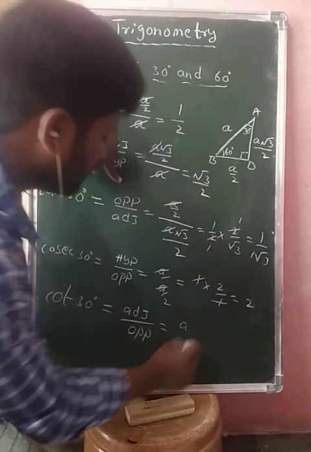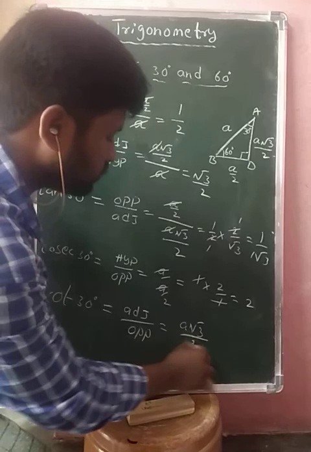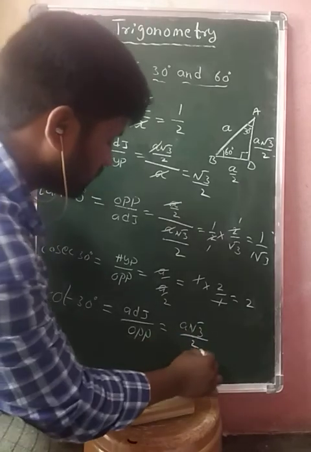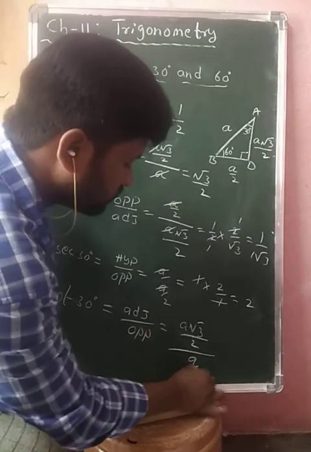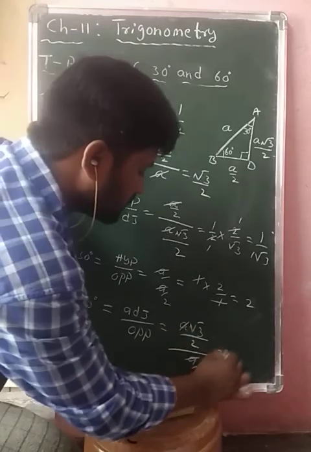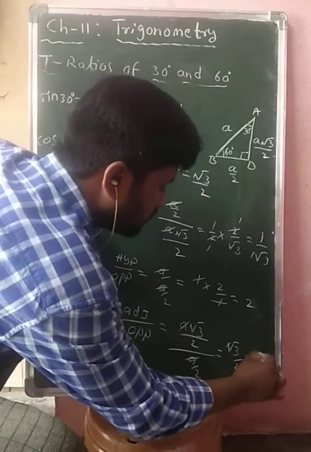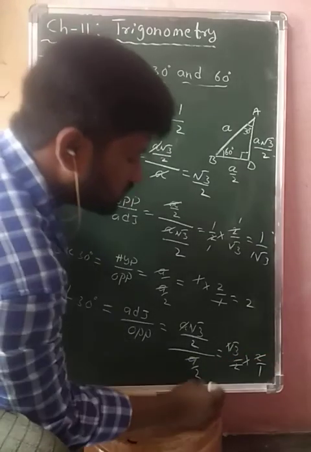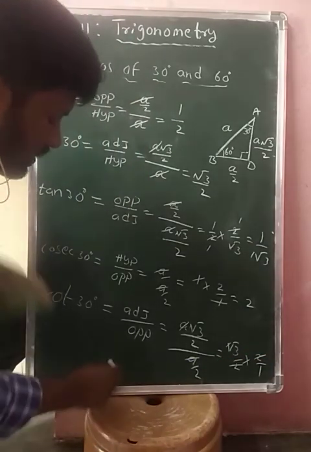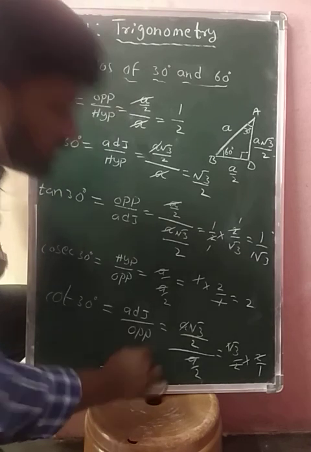The adjacent side is A root 3 by 2, by the opposite side, that is A by 2. A cancels, that is equal to root 3 by 2 into 2 by 1. Okay? So 2 cancels and we get cot 30 is equal to simply root 3.